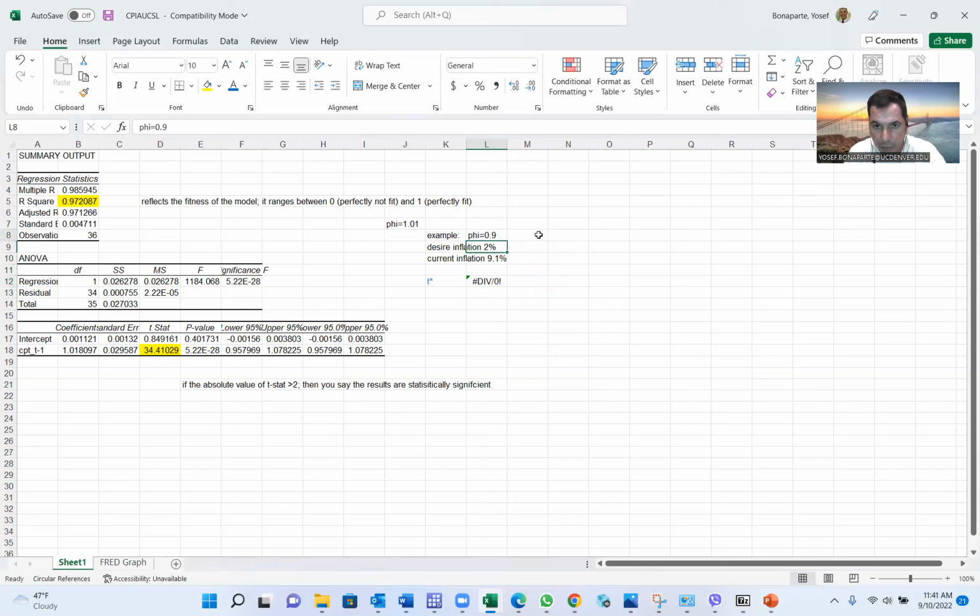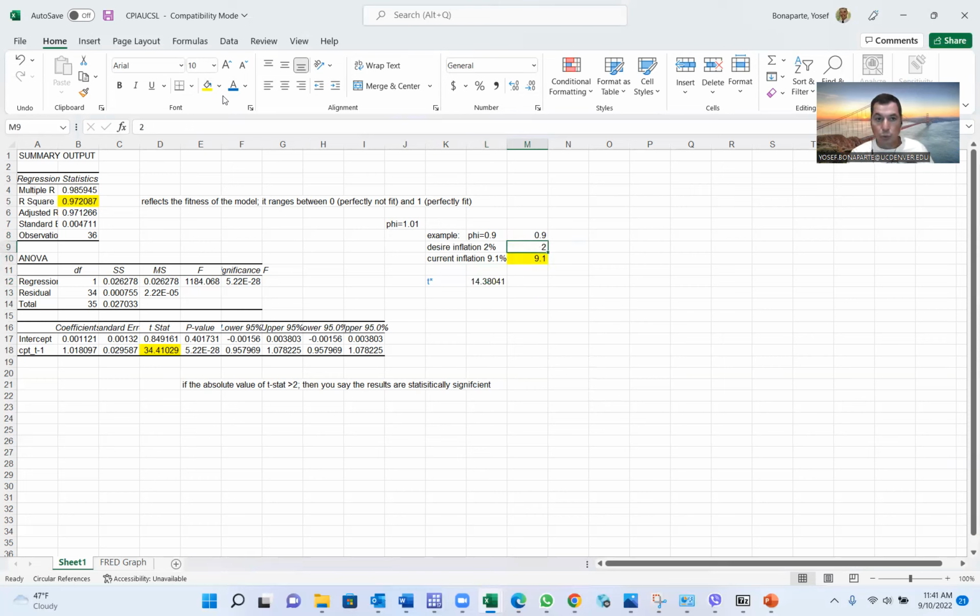But we didn't put the numbers, so we need to. Phi equals 0.9, the desired inflation is 2, the current inflation is 9.1. Then T star equals 14.3. That means in 14.3 months, we're going to be at steady state inflation of 2%. The current inflation is 9.